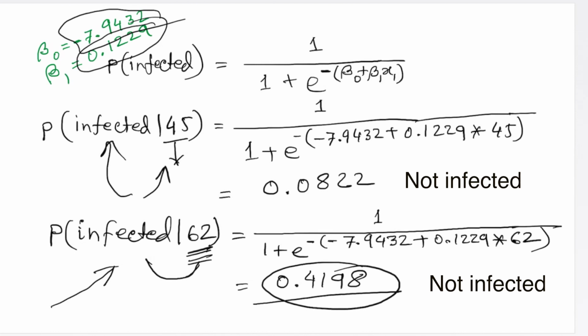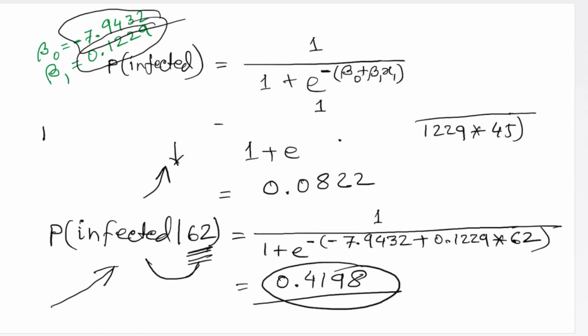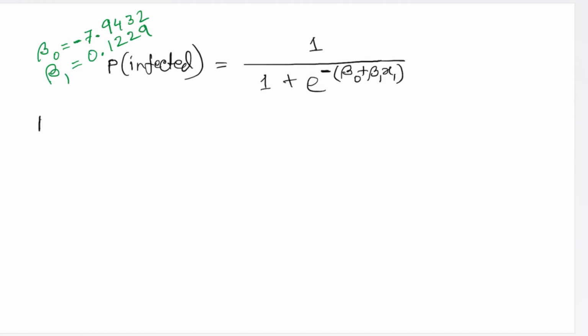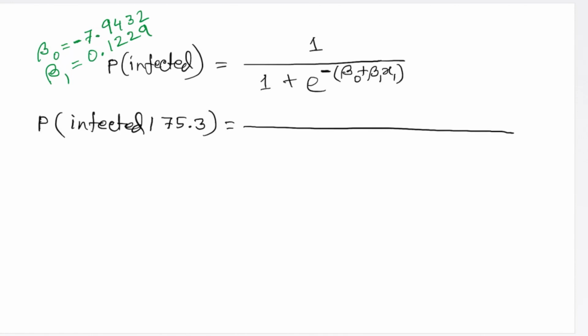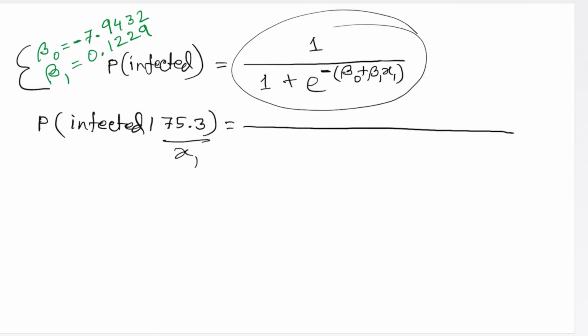Let's do these calculations for two more values. What is the probability that the person is infected with coronavirus if the blood factor contains 75.3 units? So let's plug in all the values we know. That means beta naught and beta 1 values and also the x1 value in this particular equation.